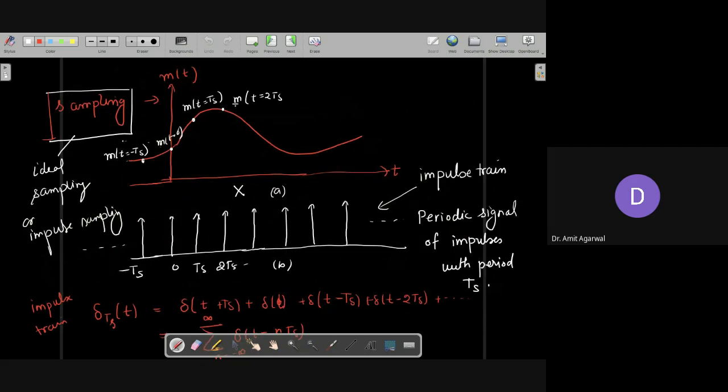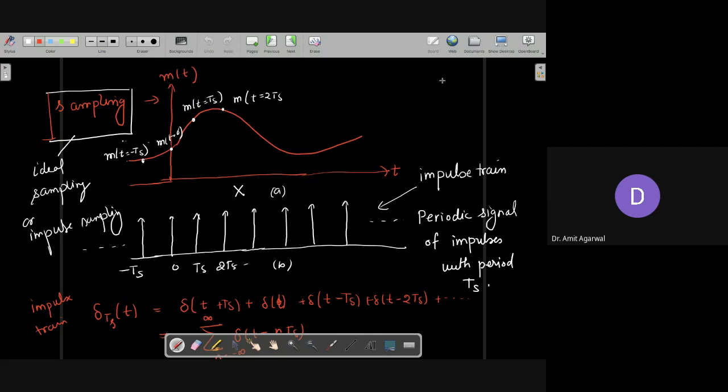So you can think, you want the samples, right? If you visualize it, you can think of this process of sampling as the multiplication of your message signal with the impulse train. You multiply your signal with an impulse train such that each impulse has a strength equal to the value of the message signal at that time instant.